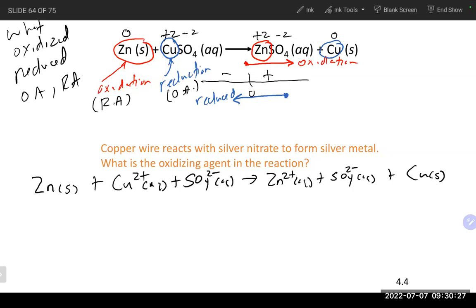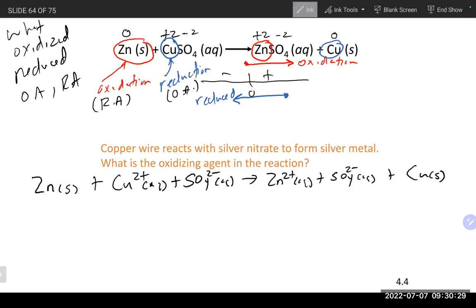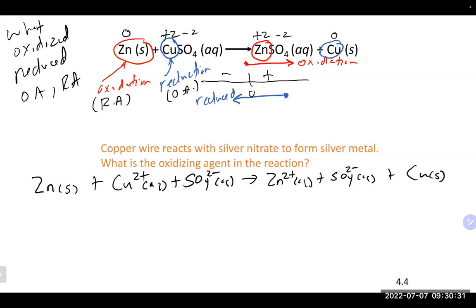As we just talked about, the zinc really didn't change from left to right, and we see that because the sulfate didn't change from left to right. The sulfate is actually our spectator ion in this case, right? It's the same on both sides.